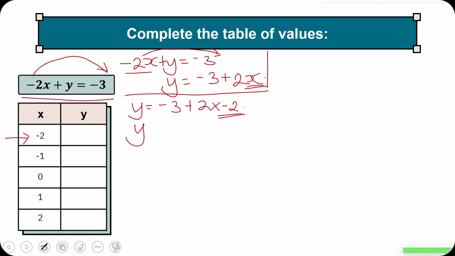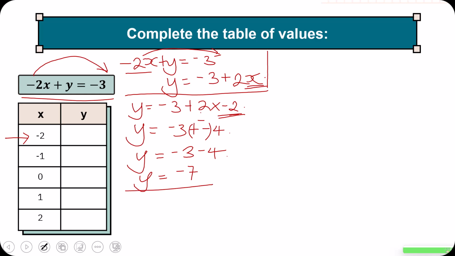And we shall have y equal to -3 plus 2 times negative 2 gives us negative 4, and negative and a positive becomes a negative, so we shall have y equal to negative 3 minus 4. This finally gives us y equal to negative 7. So we bring that negative 7 and put it here. We can go to the next y value.